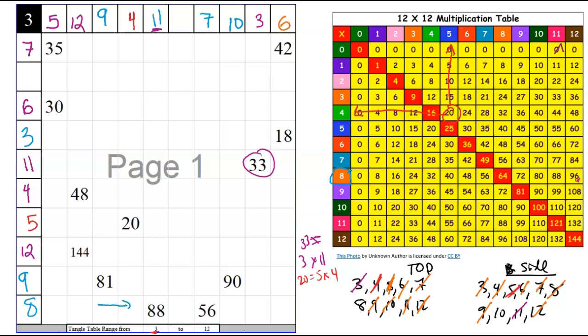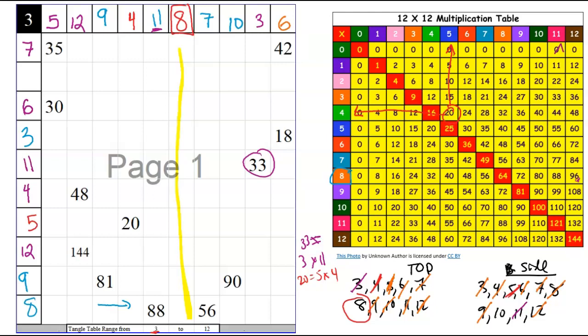So what does that leave us? On the top, I got 3, 4, 5, 6, 7. The number I'm missing is the number 8. Now notice there is nothing in this column to tell us that it was 8. We had to use our sleuthing skills to know that this was the number 8. So this would have been the last number you find.